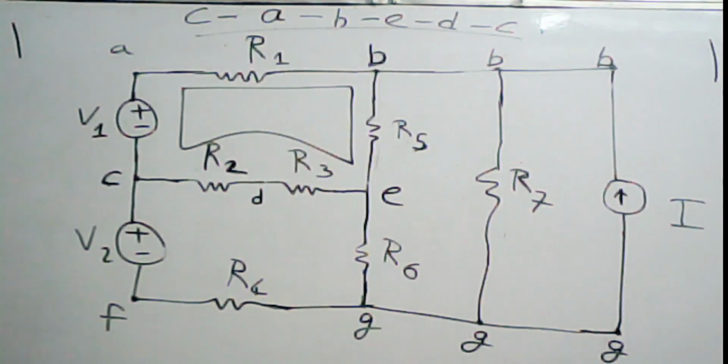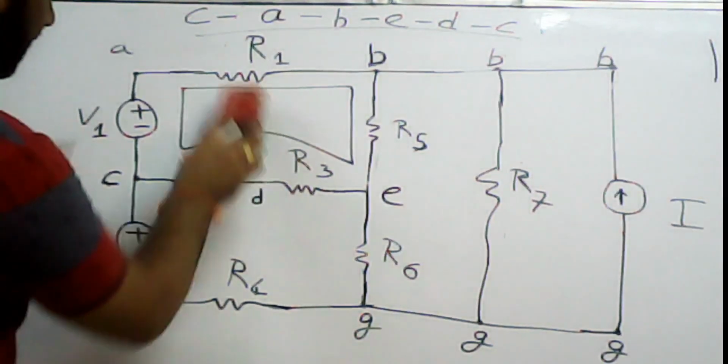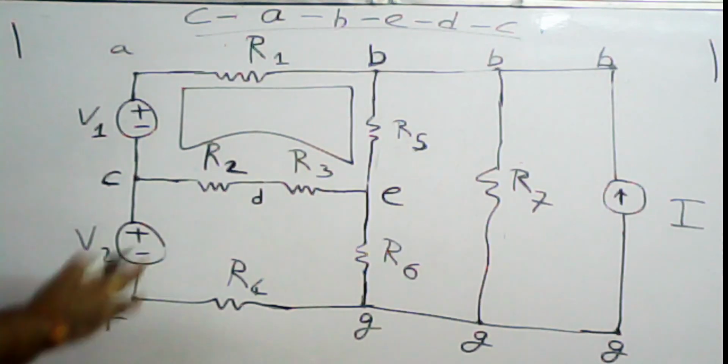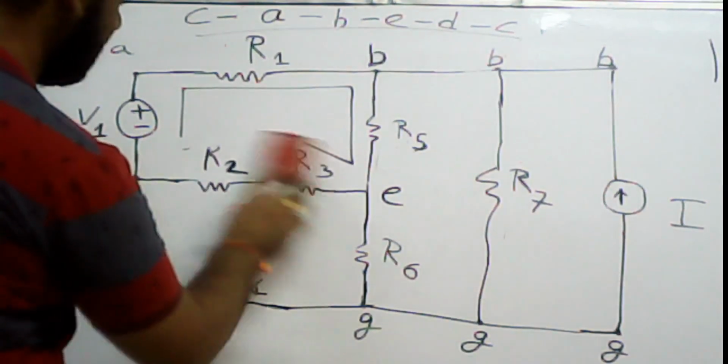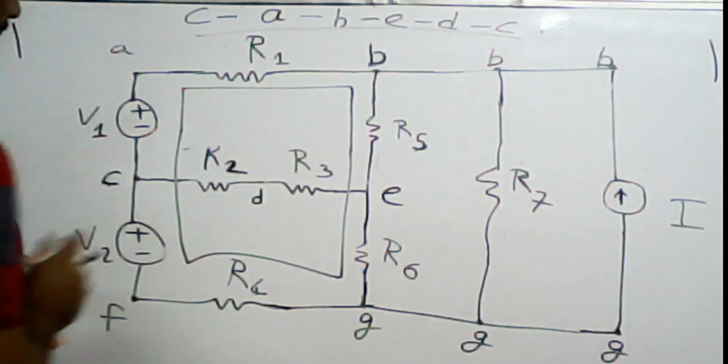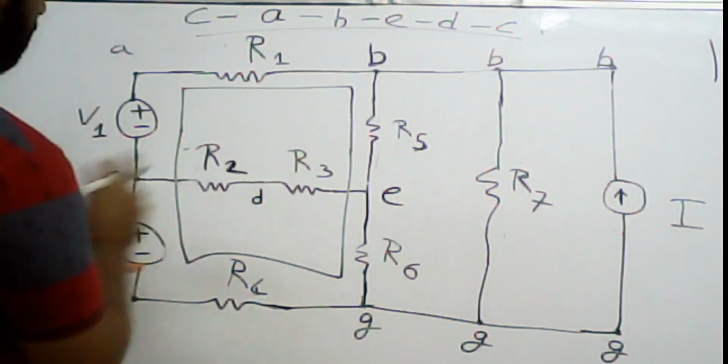Loop and mesh. Then what is the difference between the two? See, this loop does not contain any other loop within it, so it can be called a mesh. But if we see this part, this is a loop. We just saw this is a loop.